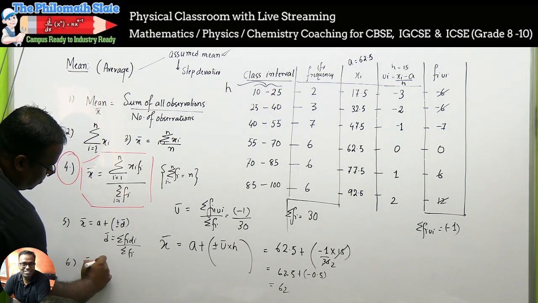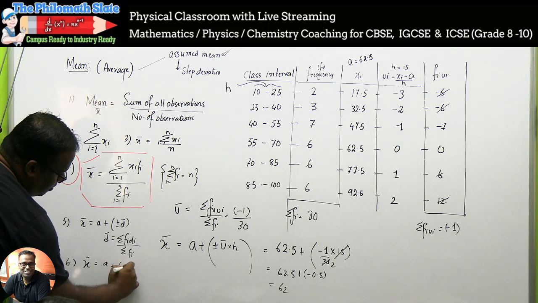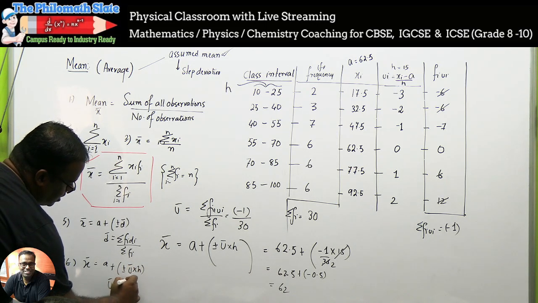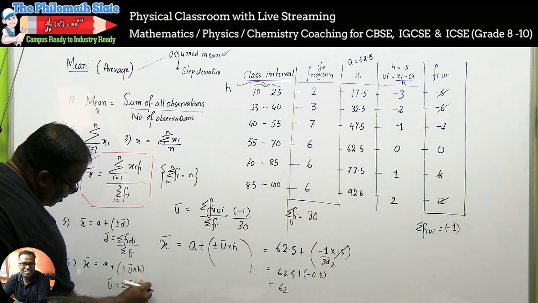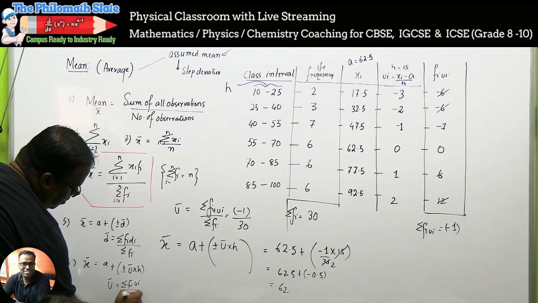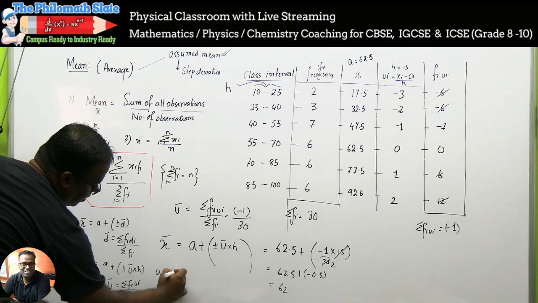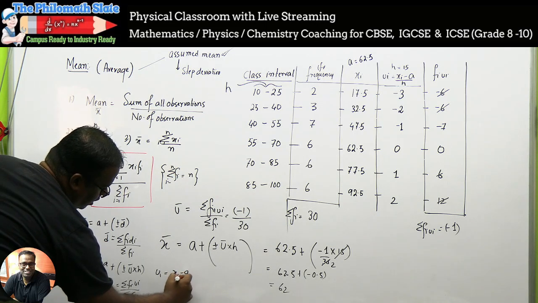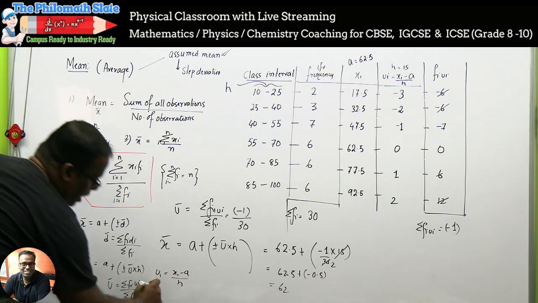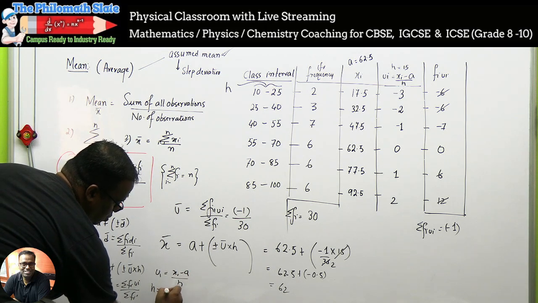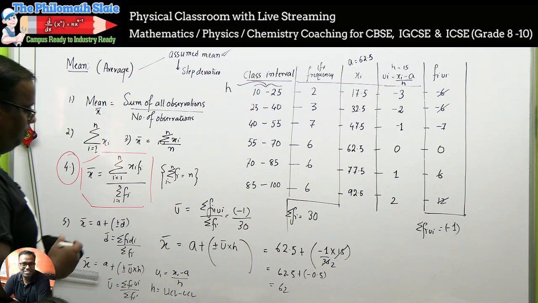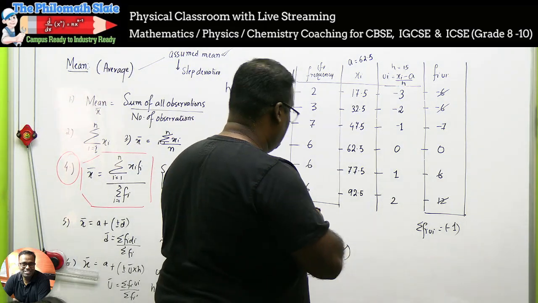So x bar is equal to a plus minus u bar into h, where u bar is given as sigma fi ui divided by sigma fi, and ui is given by xi minus a divided by h, and h is given as ucl minus lcl. ठीक है, इसको मिटा रहा हूं और एक छोटा सा फॉर्मूला बता देता हूं.